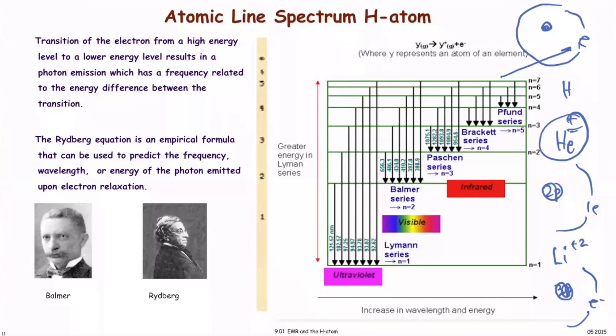And the reason why it was easy to calculate the energy of these electrons is because there's only one type of force that these electrons receive. They are attracted to the proton, the nucleus, and so it's a one-to-one correspondence.